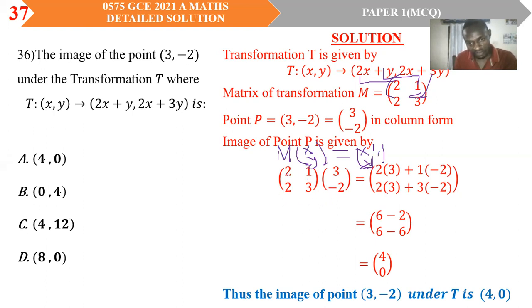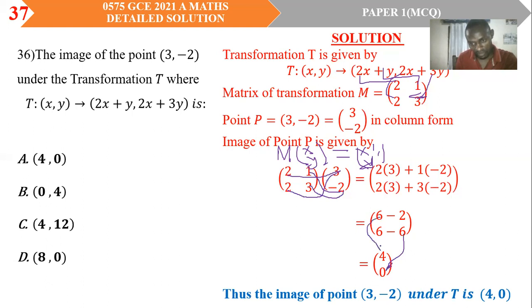To multiply, we take 2 times 3 plus 1 times -2, and 2 times 3 plus 3 times -2. 2 times 3 is 6, 1 times -2 is -2, so 6 minus 2 is 4. And 2 times 3 is 6, 3 times -2 is -6, so 6 minus 6 is 0.